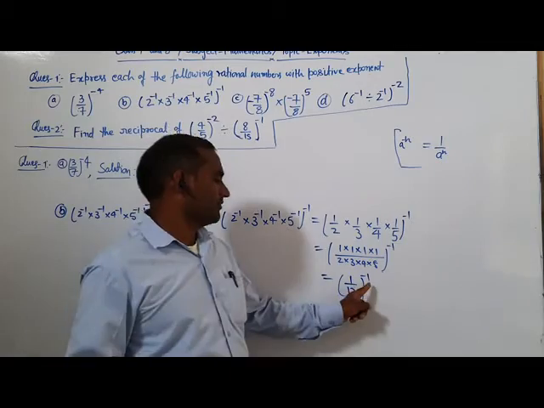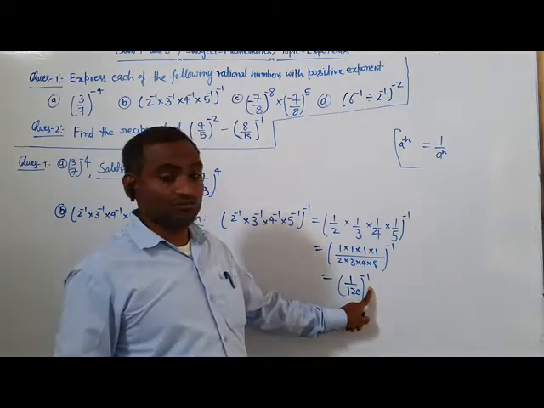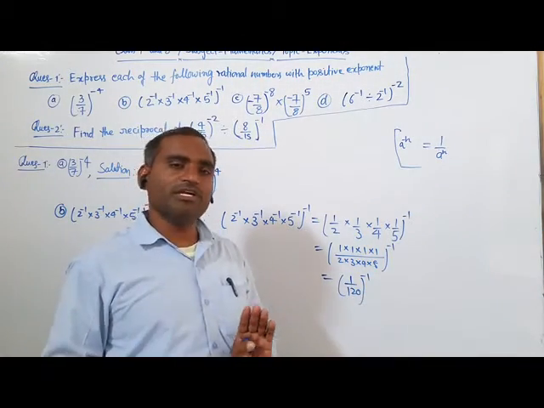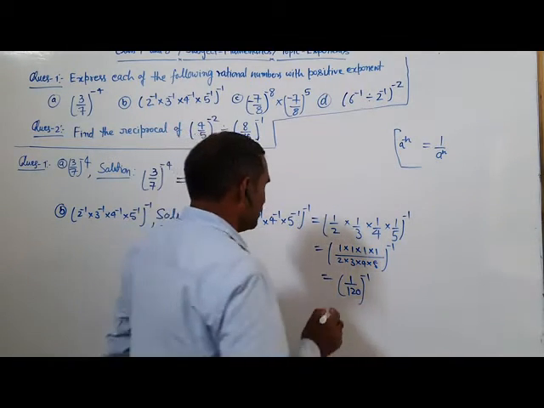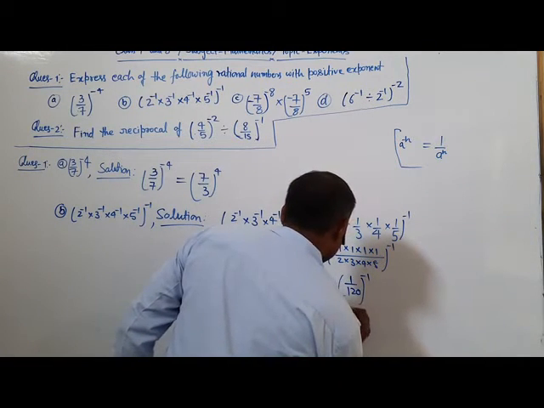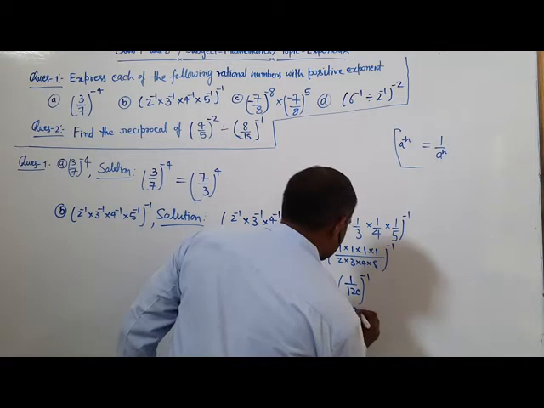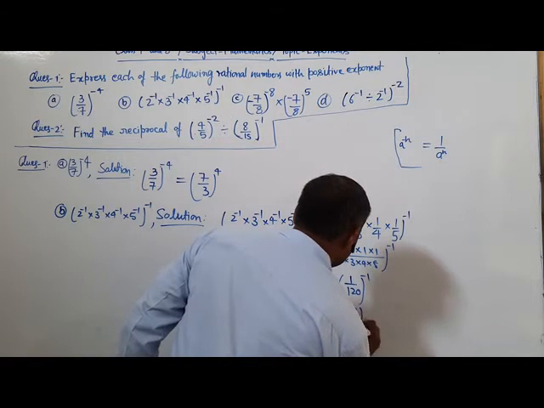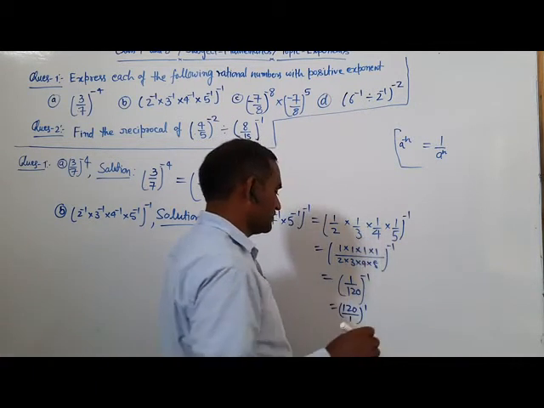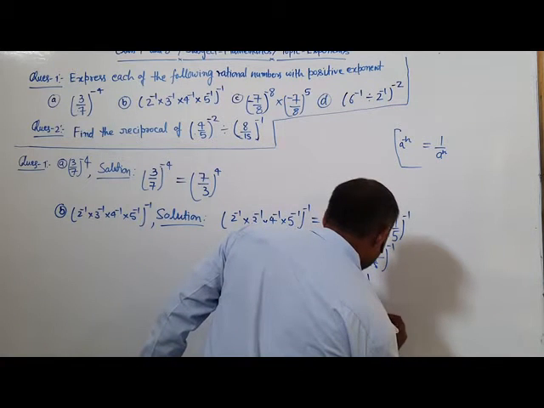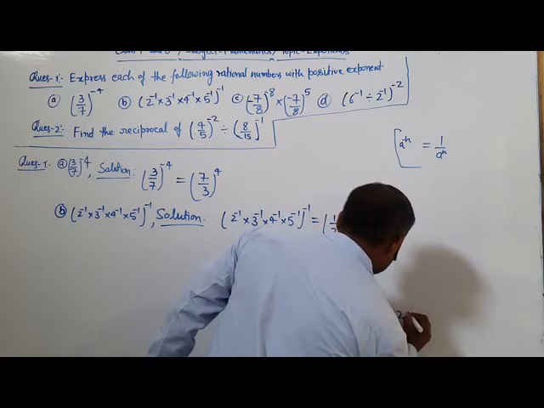If the power is negative, then we have to change the denominator into numerator and numerator into denominator. So 120 over 1 raised to power 1, so we can write this as 120.